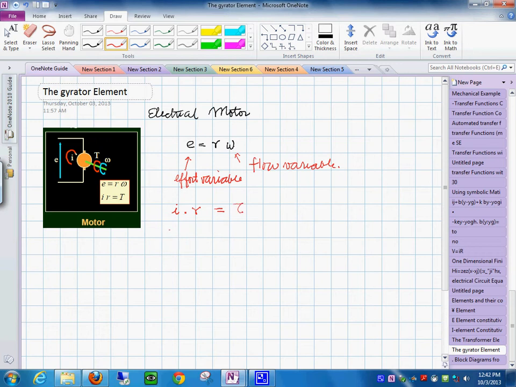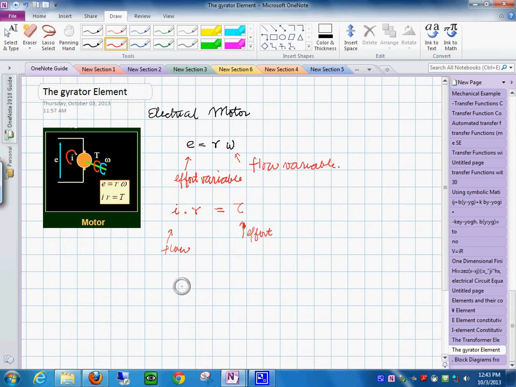So this in here again, this is the flow times the motor constant equals to the effort here.